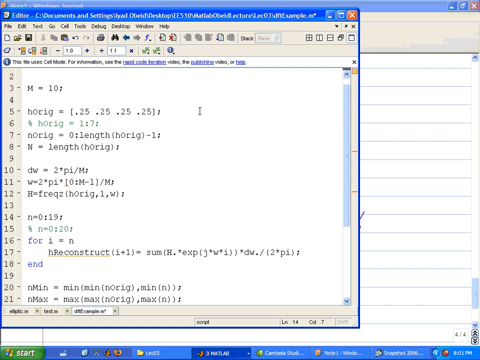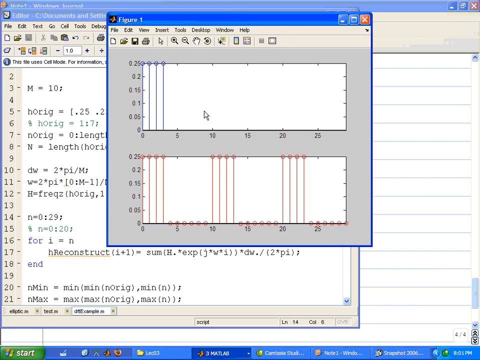I'm sampling its DTFT in 10 places, and now I'm taking its inverse transform, but instead of only looking at the first 4 points, let's make it 30 points. It's repeating. So let's see what happened here.